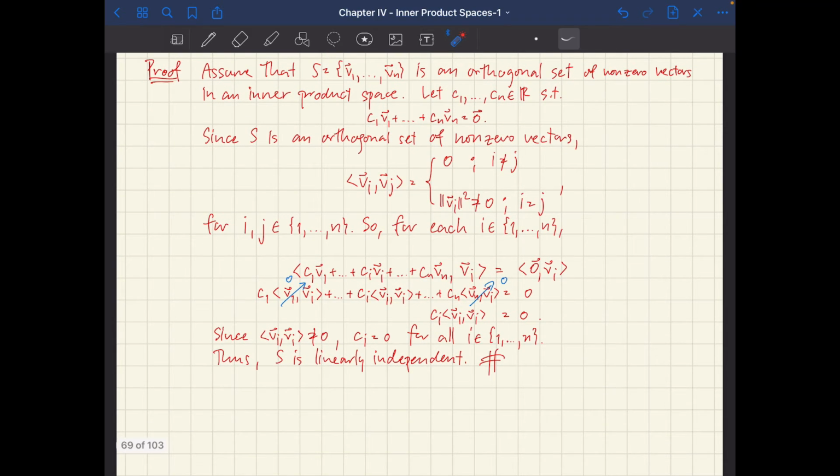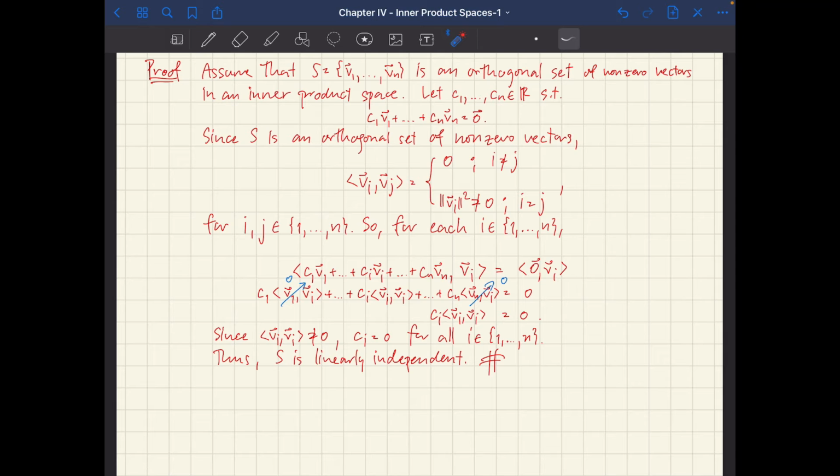So we only have the term Ci multiplied by the inner product of Vi with Vi, and that is equal to 0. Because Vi is not the zero vector, we can conclude that Ci is equal to 0 for all i in the set 1 to n.